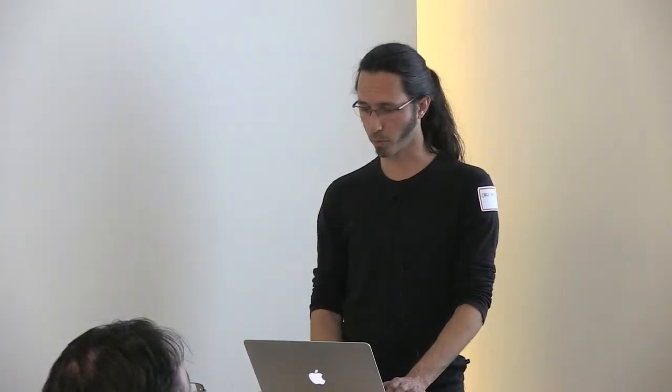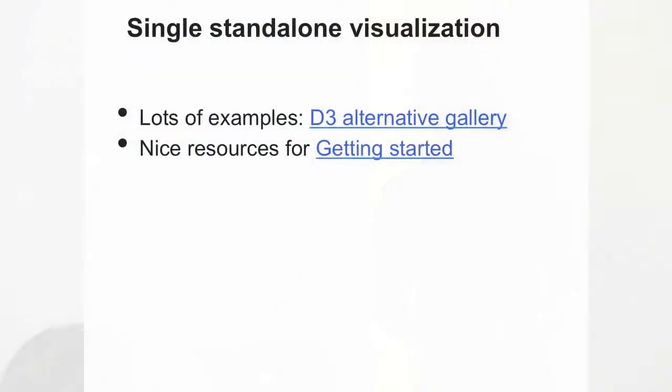If you read this blog post, you will have the essential part of how to package charts in the Reusable API. Of course, that's well written by Mike Bostock. So why do you want to use this API? With D3, you can find a lot of examples for standalone visualizations. You can build a lot of them.